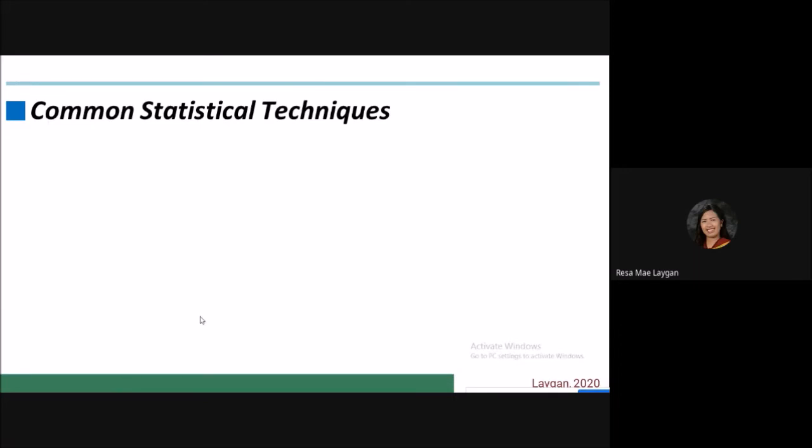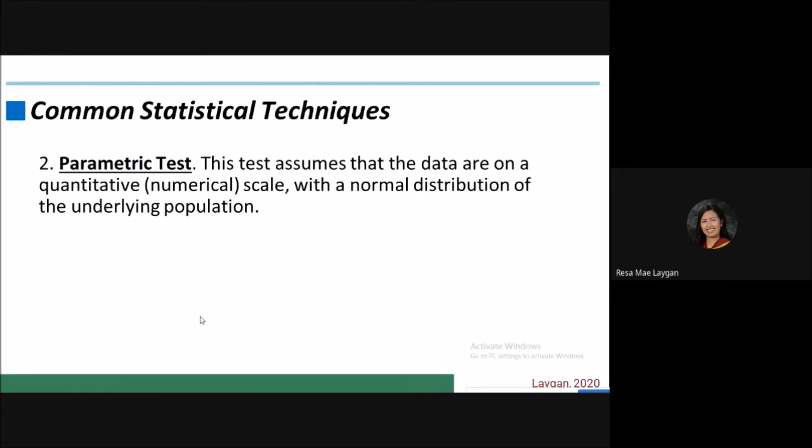Another, in the higher statistical techniques, we have the parametric test. This test assumes that the data are on a quantitative numerical scale with a normal distribution of the underlying population. In the parametric test, the data are continuous, or this involves continuous variables.